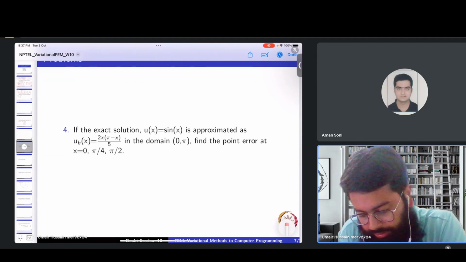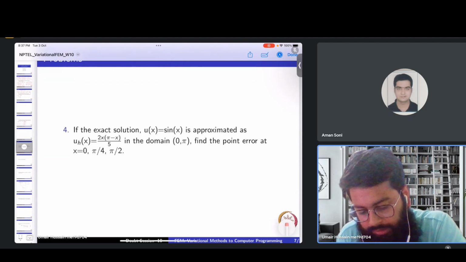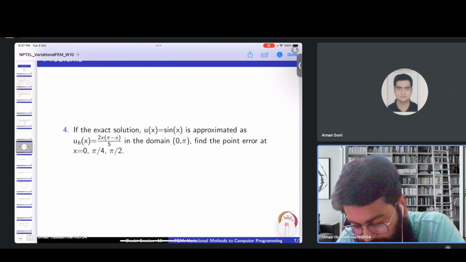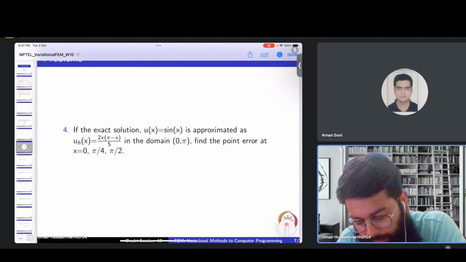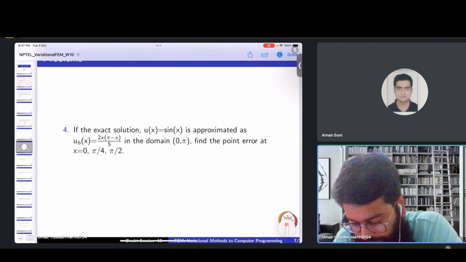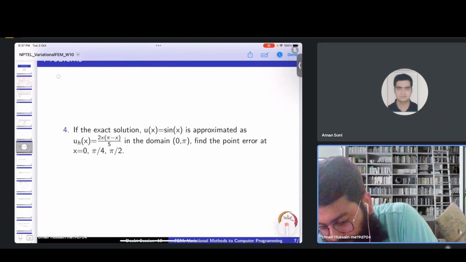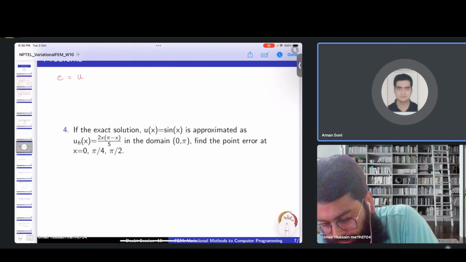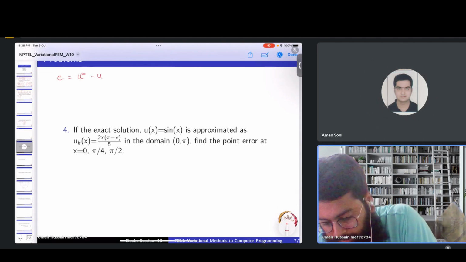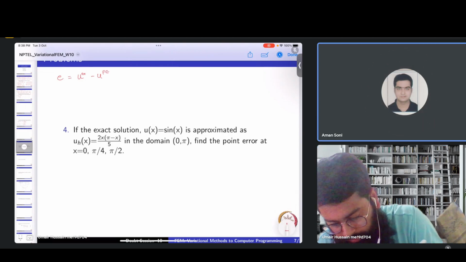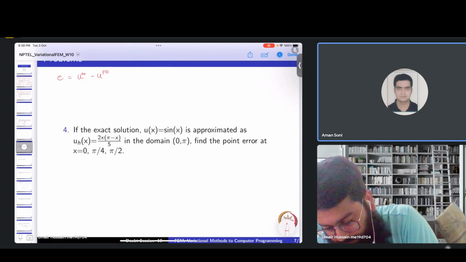Okay, so if the exact solution u(x) equals sine x is approximated as u_h(x) equals 2x(pi minus x) by 5 in the domain 0 to pi, find the point error at x equals 0, x equal to pi by 4, and pi by 2. So error is actually u exact minus u FEM.